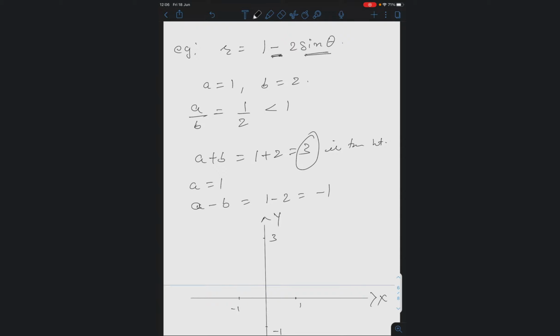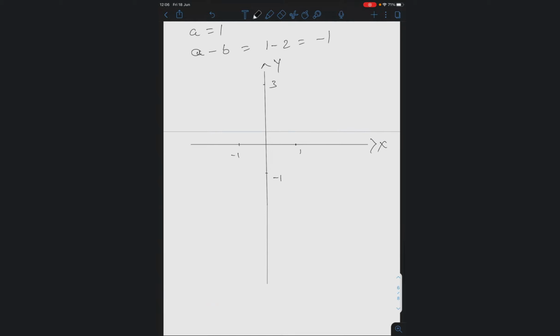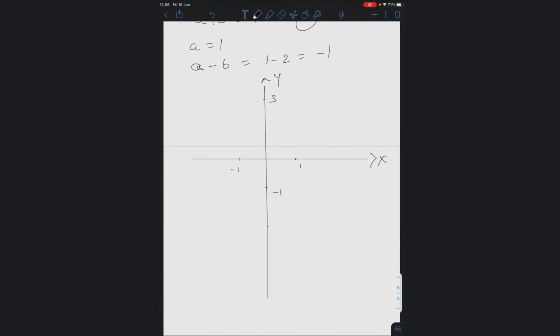That is just the height we are talking about, to what extent it will go. So minus 1, this is minus 2, so this is minus 3. Okay, so you will have an inner loop to this extent. Draw it properly. Something like this you are going to get a curve. Understood all of you?